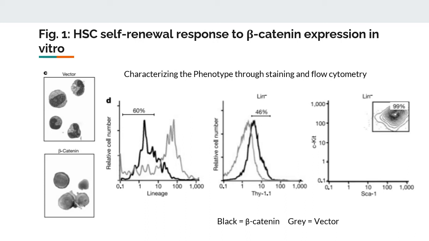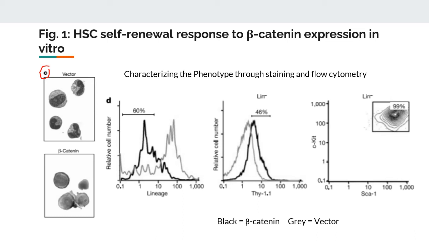So here in figure C, we are comparing the nuclei to cytoplasmic ratio, where as the nucleus shrinks, the ratio also decreases. And as HSCs differentiate, their ratio would decrease because their nucleus becomes smaller.